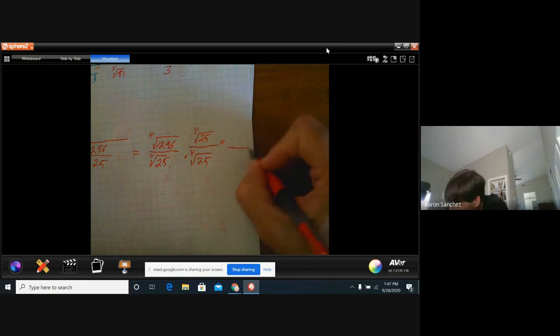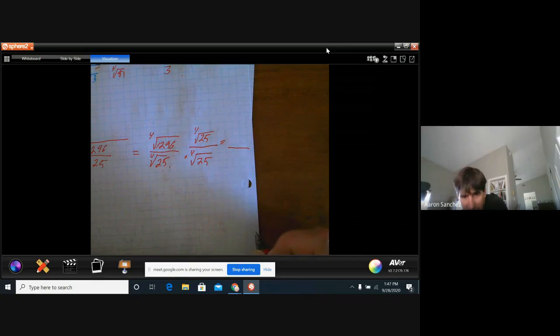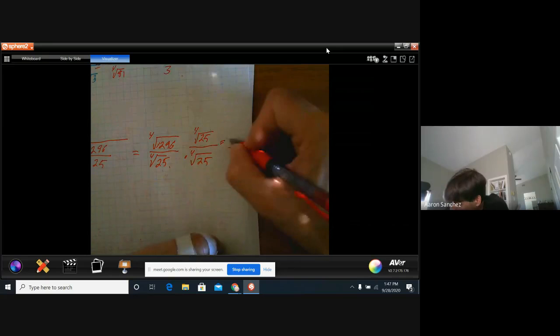What do you think my denominator is going to be after everything's simplified out? 5? Yes, because the 4th root of 625 is 5, because 5 times 5 times 5 times 5 is 625. Okay. I got that. Now do 1296 times 25. And that'll be your answer.